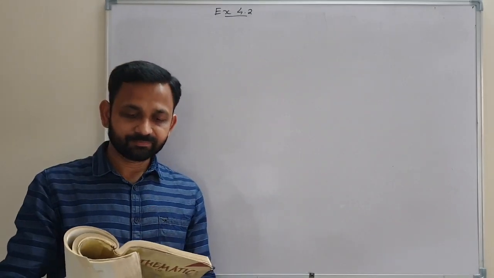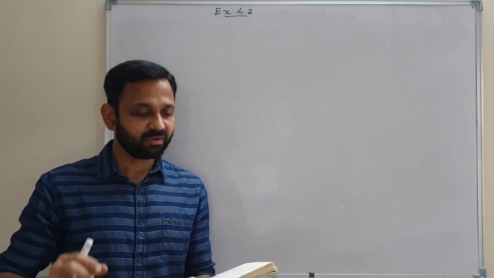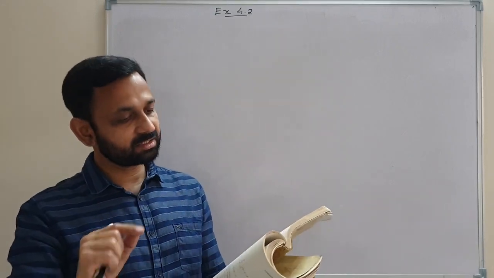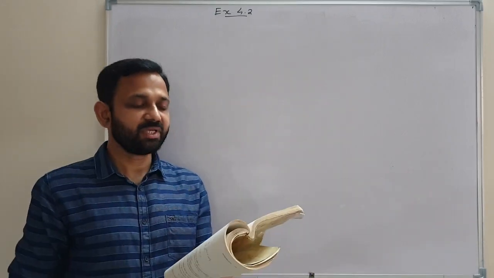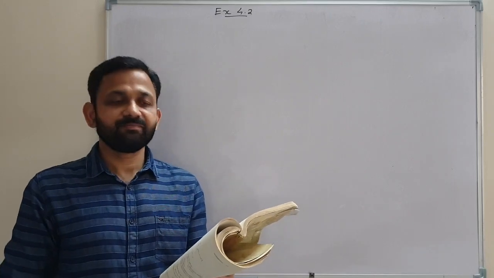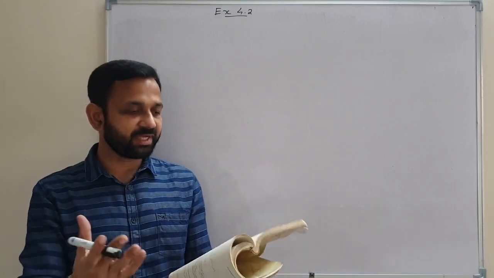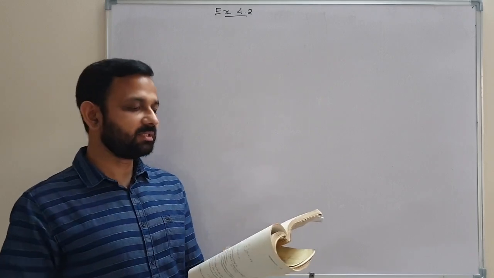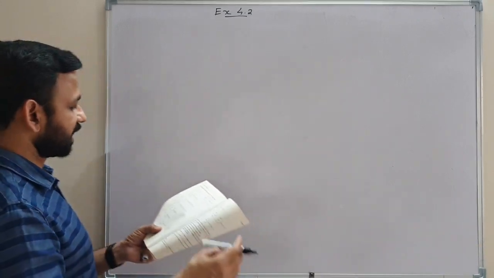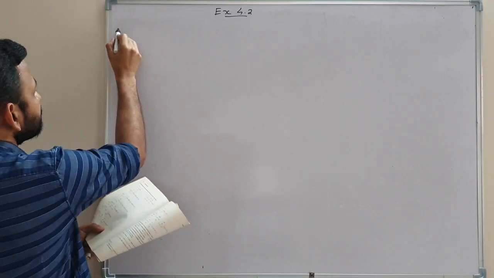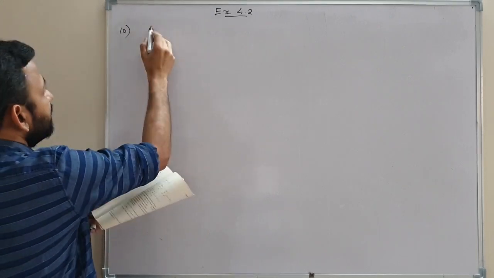Now we will do question number 10. We have two parts, both the parts almost the same. So I will do one of them, then the same way you can do the second part. I will do the second part now. Question number 10.